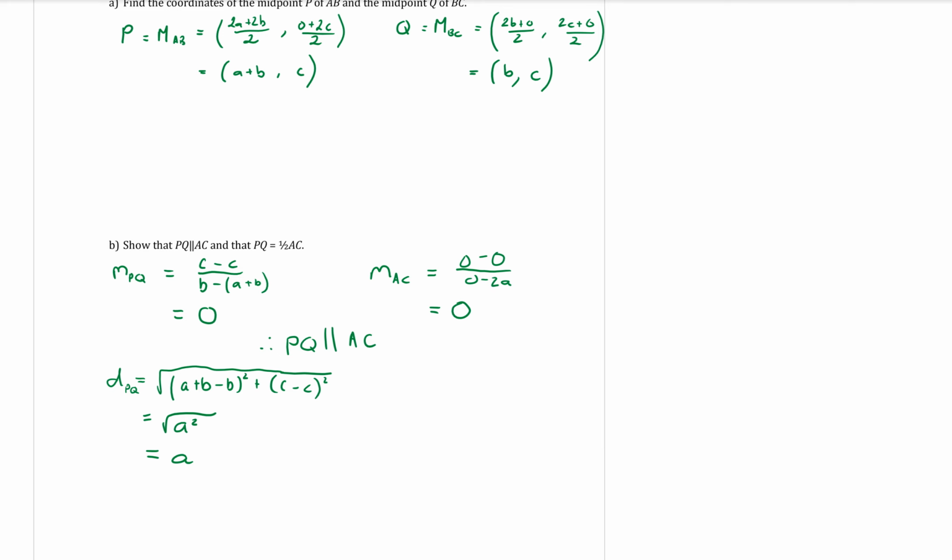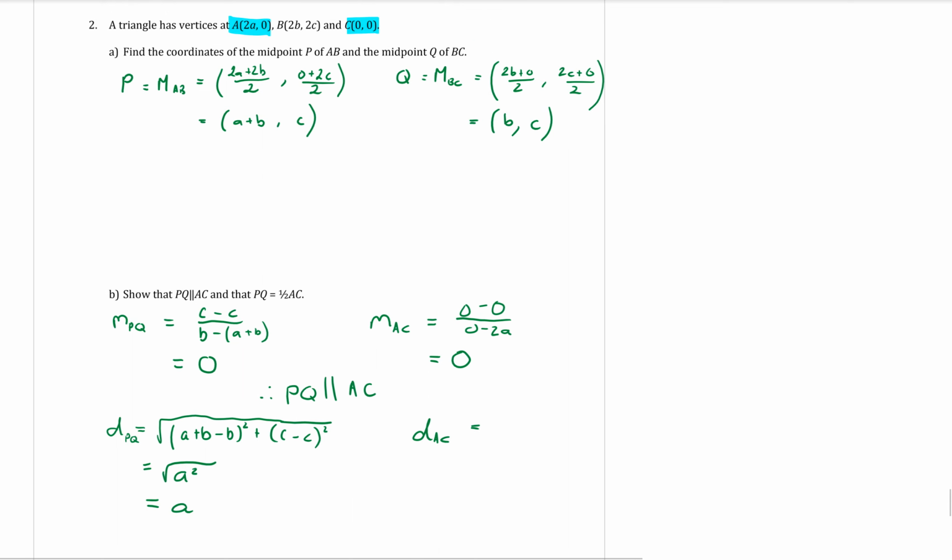So we now want the distance AC. So AC, my blue ones, subtracting my x values. It's going to be nicer if I do this one first. So I'm going to do 2a minus 0 in brackets squared plus 0 minus 0 brackets squared.